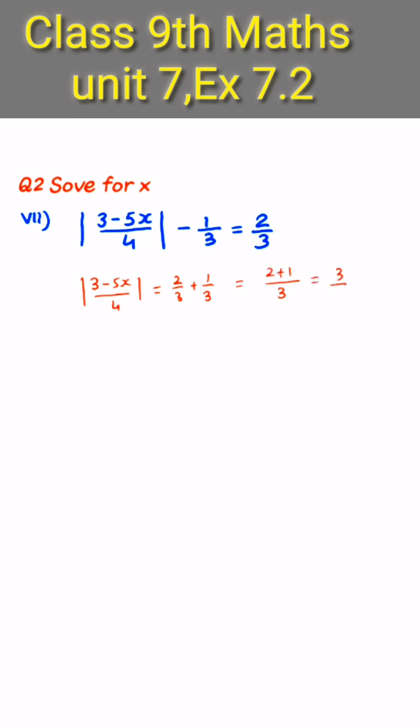It will become 3 by 3, which is equal to 1, right? So we have 3 minus 5x over 4 is equal to 1 by definition, 3 minus 5x by 4 is equal to plus minus.